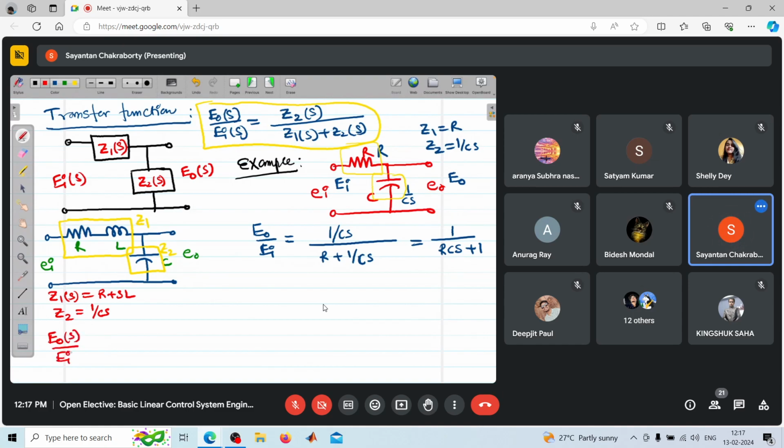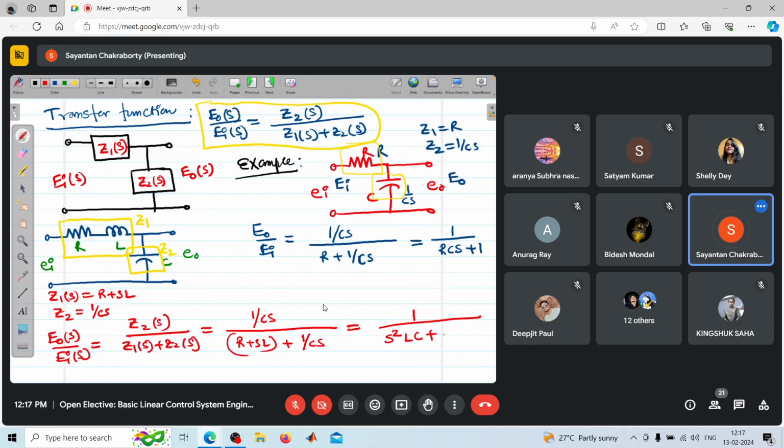So you can calculate E0(s) by Ei(s) is equal to Z2(s) by Z1(s) plus Z2(s). What is Z2(s)? 1 by Cs. Multiply by Cs. So you have s square LC plus RCs plus 1, which can be equivalently written as 1 by LC s square plus R by L s plus 1 by LC.